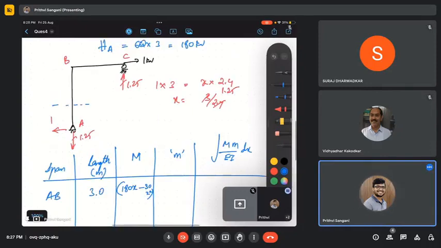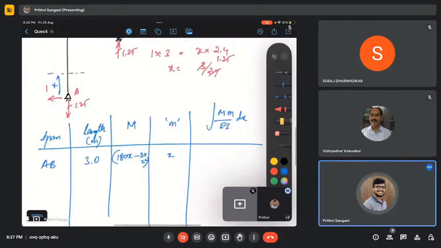Small m is again sagging, so this is 1 times x, ranging from 0 to length 3. Integral of (180x minus 30x squared) times x by EI dx.